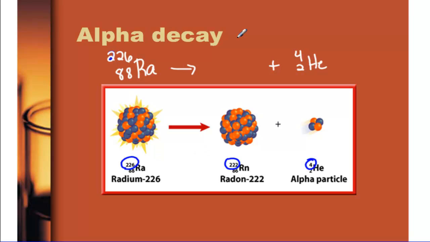So something plus 4 has to equal 226. Of course that is 222. And something plus 2 has to add up to 88, so of course that's going to be 86. Then we look on the periodic table and we see that the element with the atomic number of 86 is radon. So in an alpha decay, you will lose an alpha particle, and then you can determine what the other element is based on how the numbers add up.